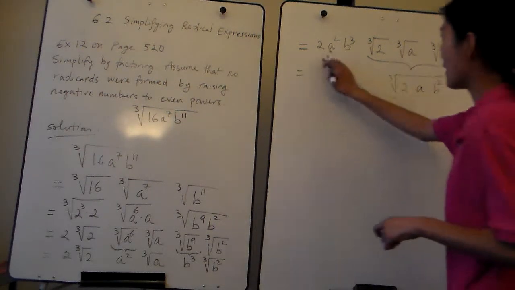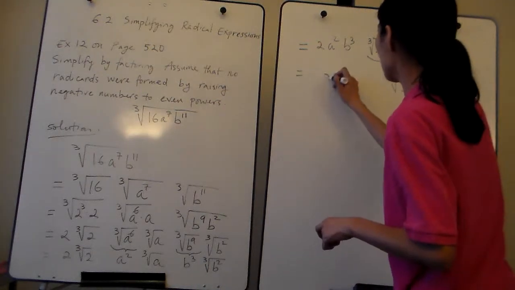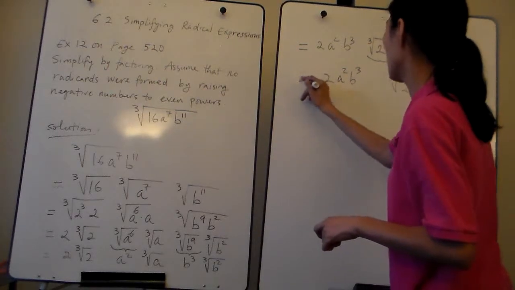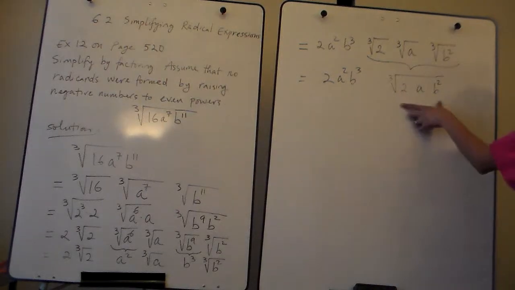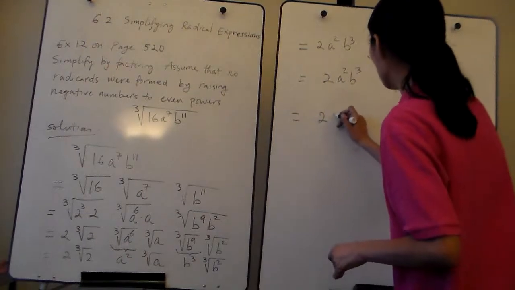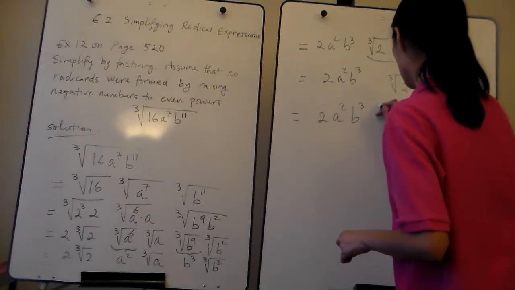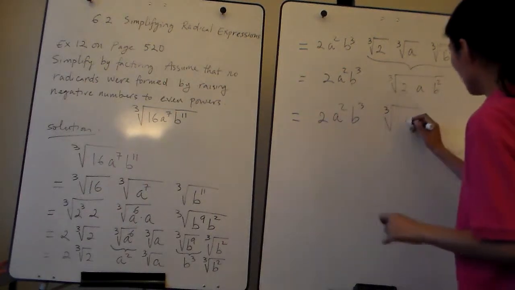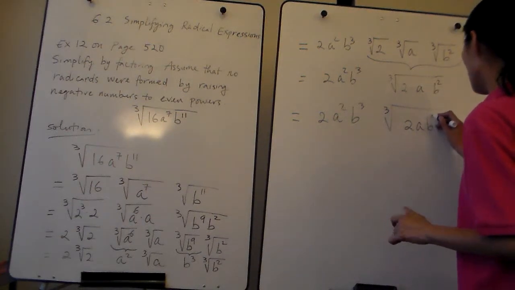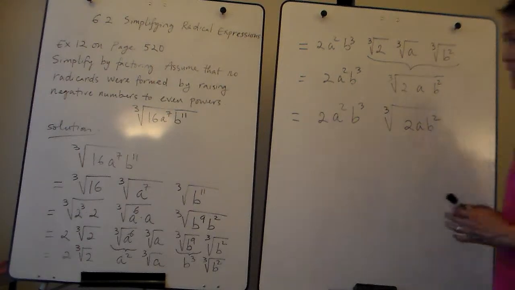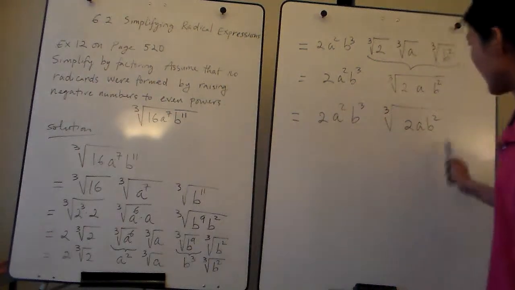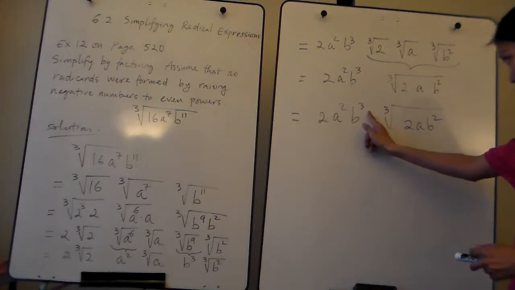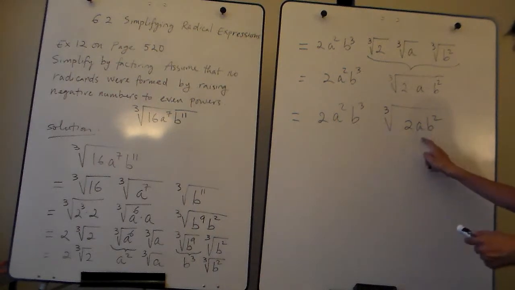And then these are the front, so just 2, a squared, b cubed. And you're done. If you want, you can write this as 2a squared b cubed, cube root of 2ab squared, just rewriting without the product symbol. So, simplifying this cube root, you get the answer, which is 2 times a squared times b to the third power, cube root of 2 times a times b squared.